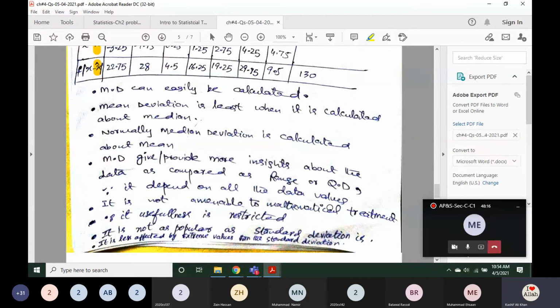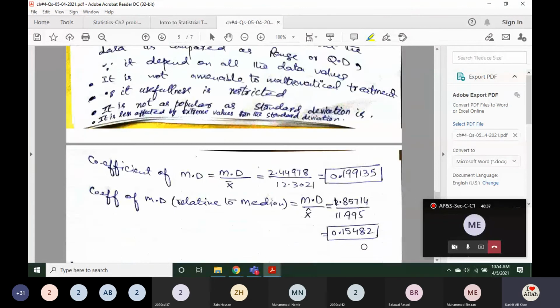It is not amenable to mathematical treatment, and its usefulness is restricted, and it is not as popular as standard deviation is. It is less affected by extreme values than the standard deviation. So these are some attributes of the mean deviation.